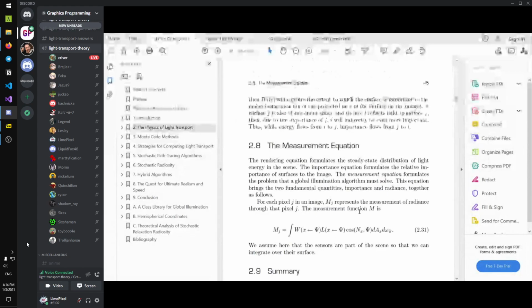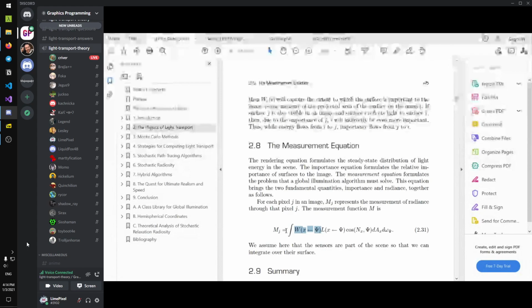No? Okay, then the measurement equation tells you, if you multiply the light by your importance, what's the final value. At the end of the day, you want to measure the flux for each pixel of your scene. You do not want to measure radiance.